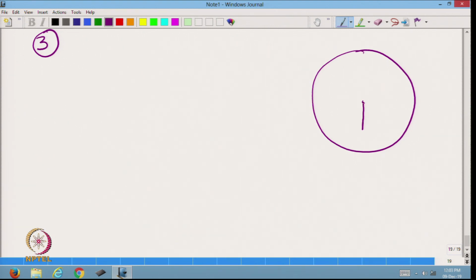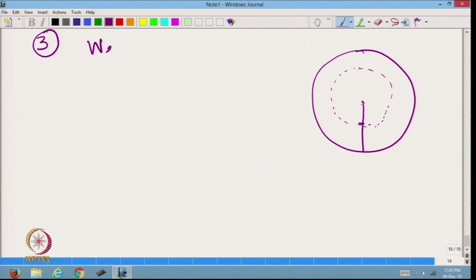So, here is the radius, here is the midpoint of the radius, which is at a distance half from the origin. So, consider this concentric circle.